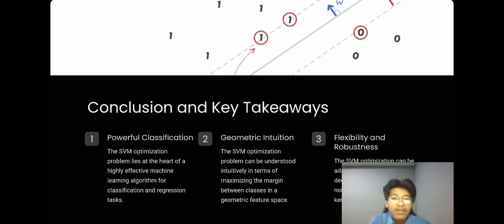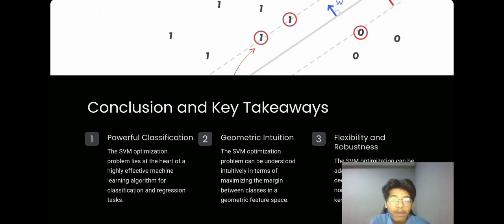Conclusion and key takeaways. 1. Powerful classification. The SVM optimization problem lies at the heart of a highly effective machine learning algorithm for classification and regression tasks. 2. Geometric intuition.